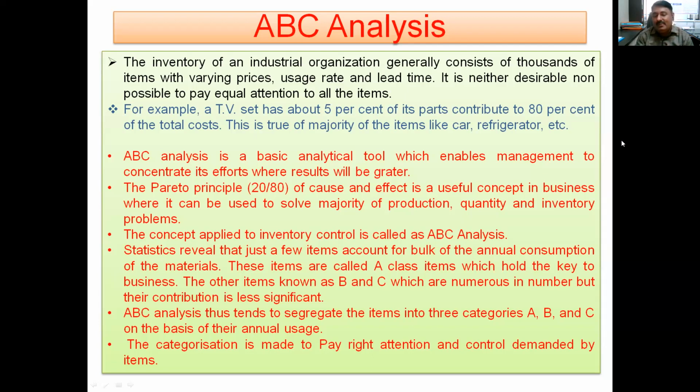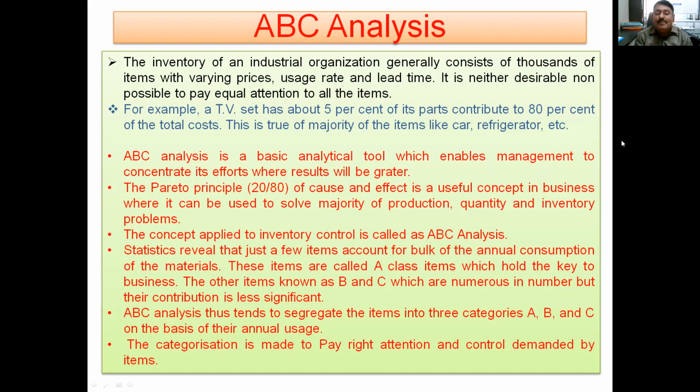After that, if you go, that person will say, okay, this complete LCD screen is required to be replaced, and it will cost about 16,000. See, your TV cost 23,000 and your screen is costing 16,000. So there are 5% of items which contribute 80% of the total cost. Okay, we will take the example of car and refrigerator also simultaneously.